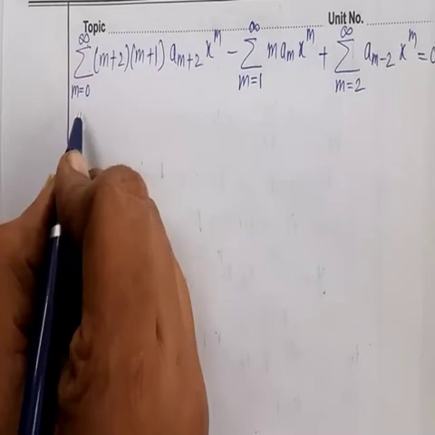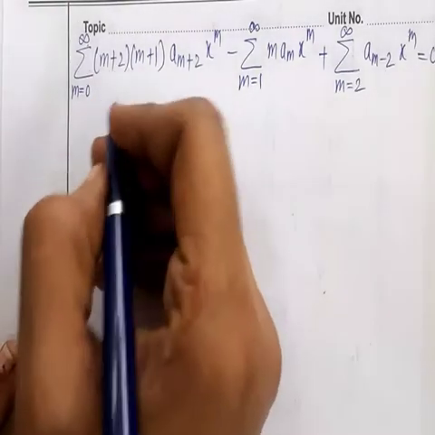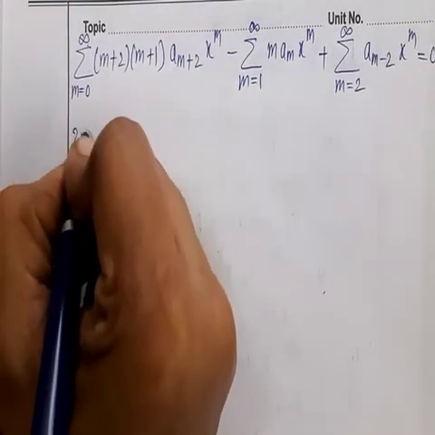So put m is equal to 0 in the first term. 0 plus 2 is 2, multiplied by 1.